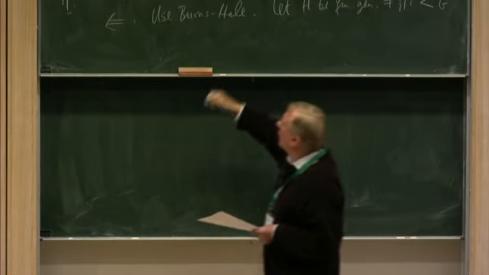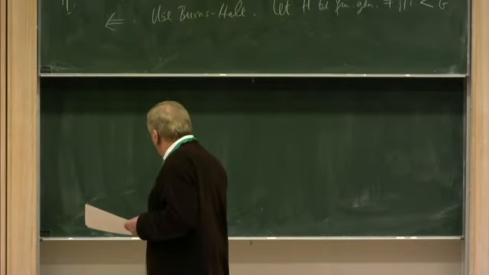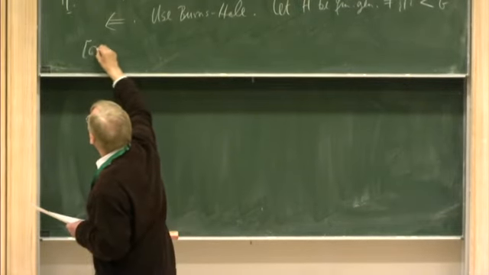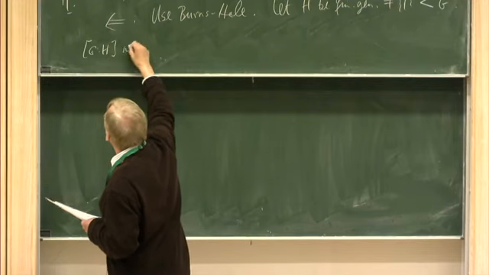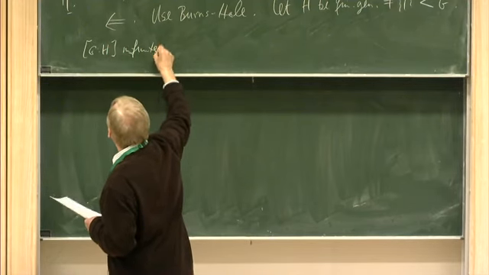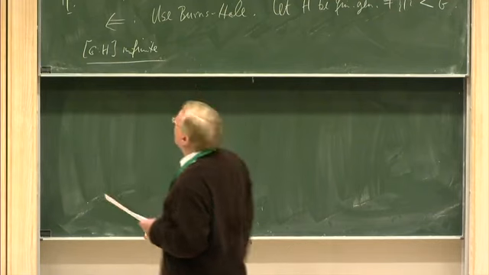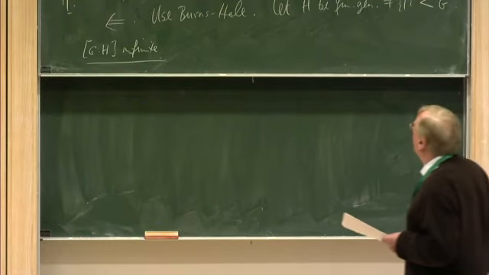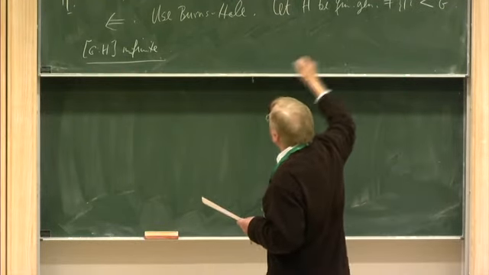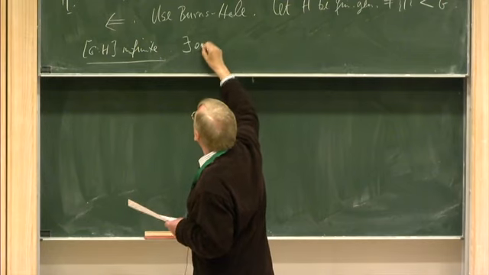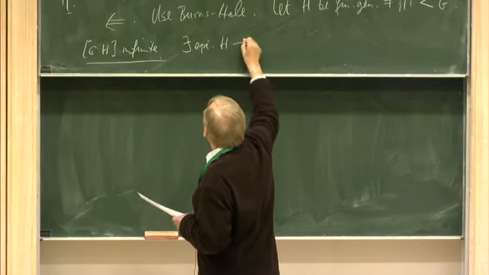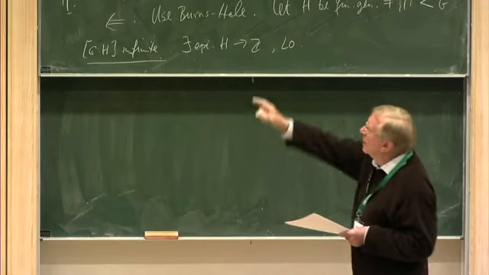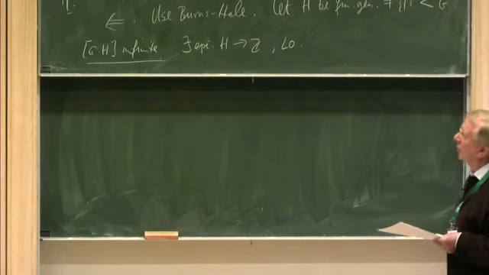H may have infinite index, in which case the hypothesis gives us what we want. If the index of H in G is infinite, then every such subgroup is indicable. So H is non-trivial, there exists an epimorphism from H to Z, and Z is left orderable, and so H has a left orderable quotient.